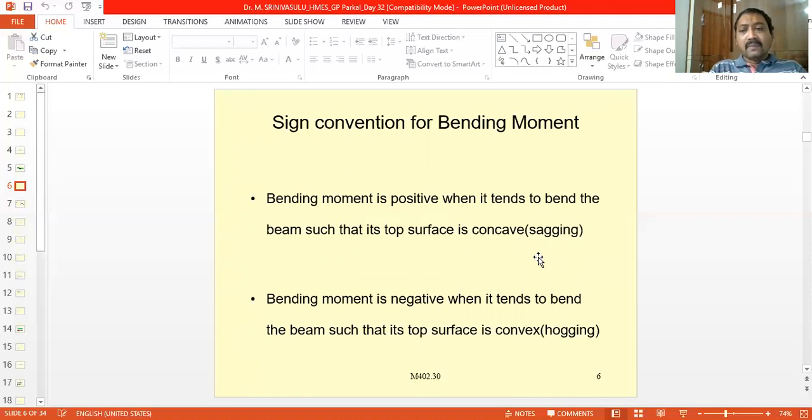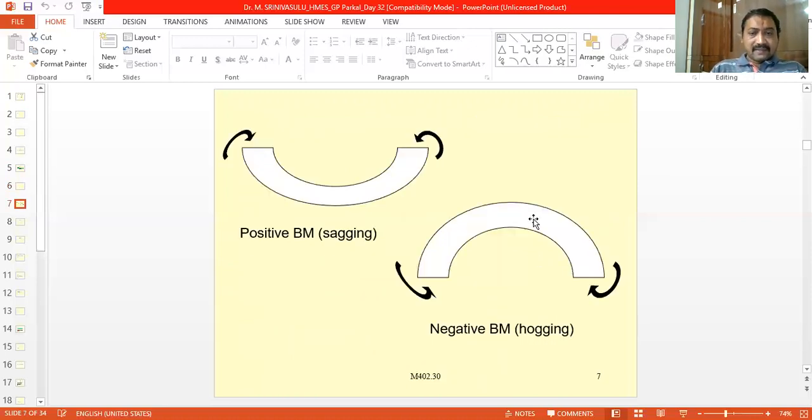Now the sign convention for the bending moment. Suppose this is a section at the midpoint, with the rightward part and the leftward part. The moment tends to rotate the body in the anti-clockwise direction.